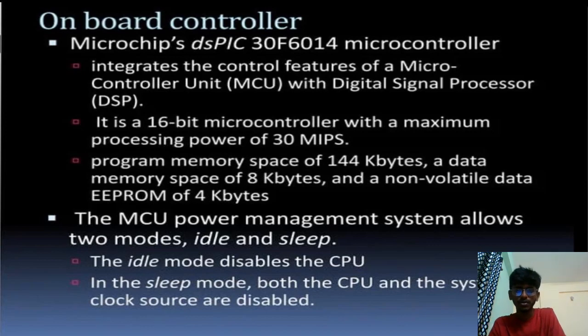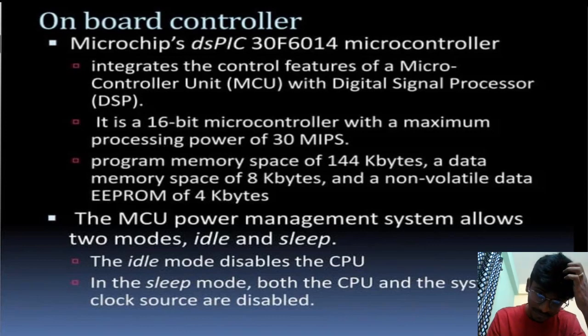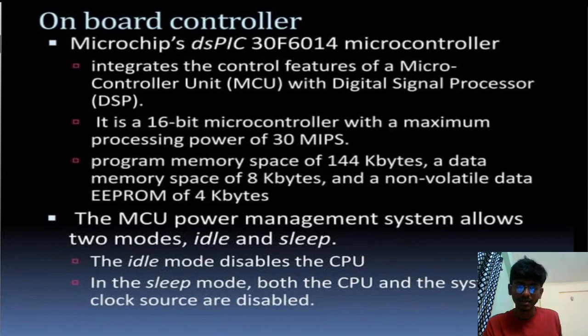The MCU power management system allows two modes, idle and sleep. The idle mode disables the CPU. In the sleep mode, both the CPU and the system clock source are disabled.